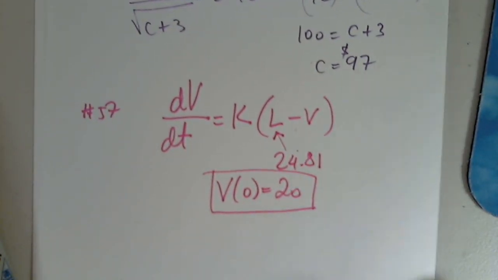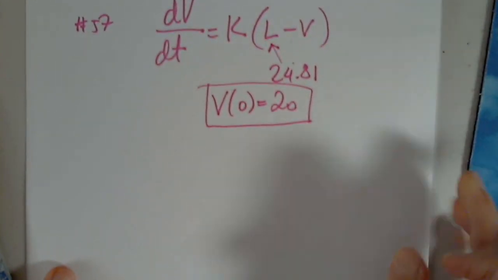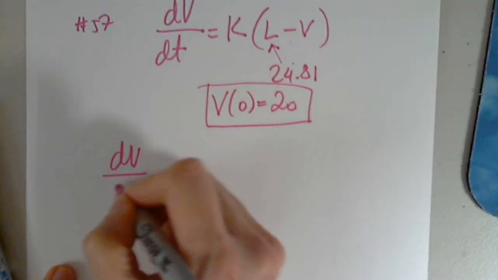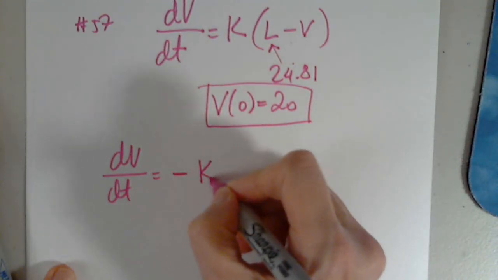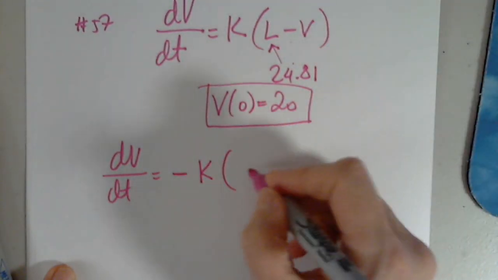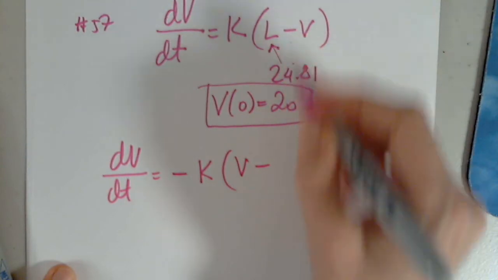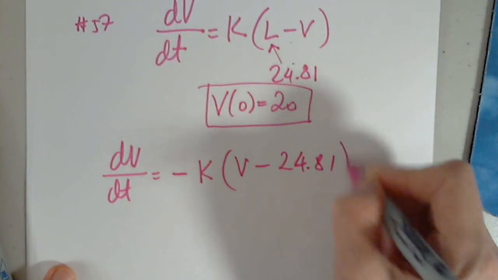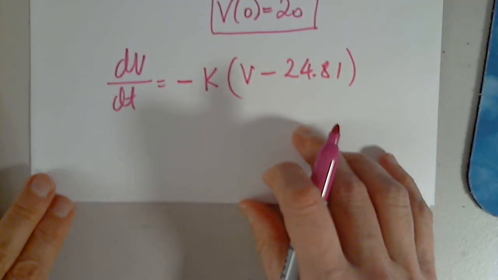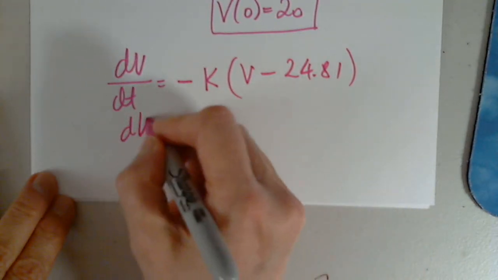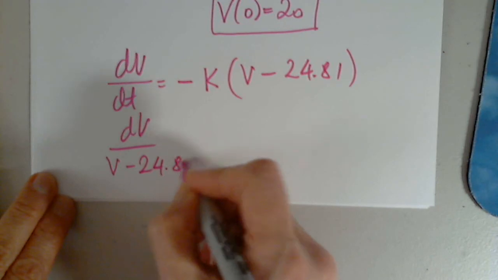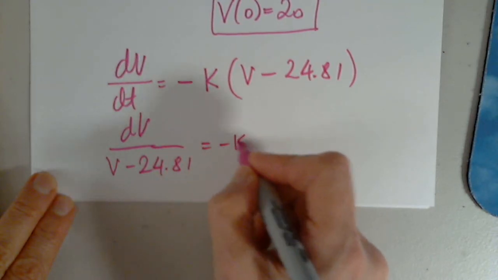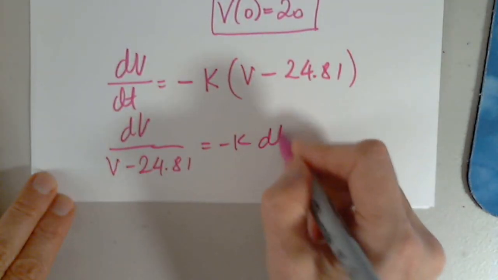So very similar to one of the previous examples, I would say, dV over dt. I'm going to factor out -1. So this is V minus, I'm going to replace L by 24.81. And now I'm going to separate the variables. So dV over V minus 24.81 equals -k times dt.